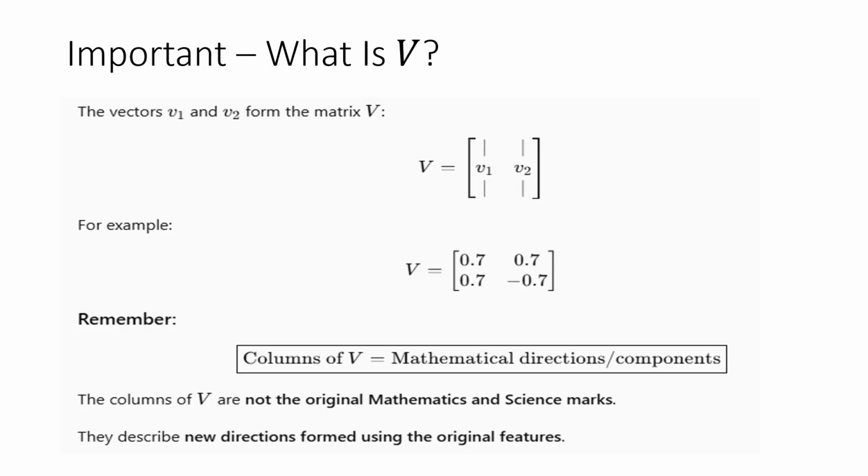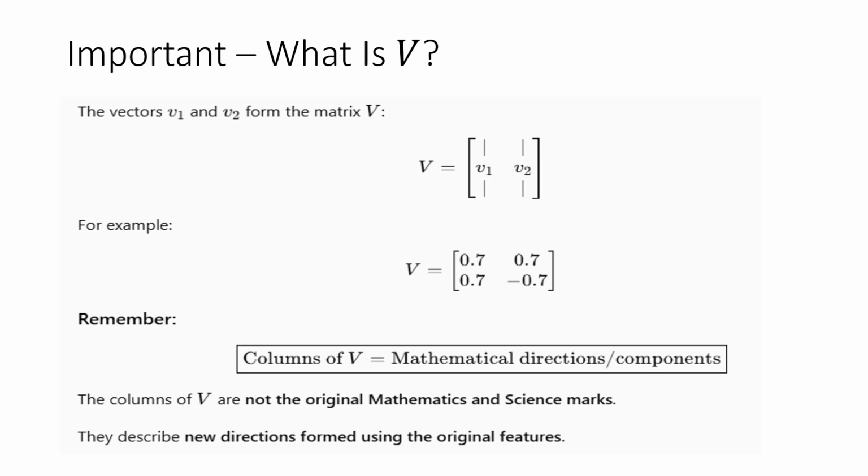This V1 represents one direction and this V2 represents another direction, or a mathematical component, or in a generalized way we can call it a pattern or some hidden concept that we derived from the matrix. The first component represents a positive direction and the next component may be representing a different direction.